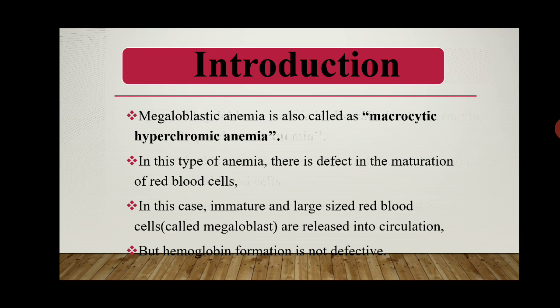So that is called megaloblastic anemia. But hemoglobin formation is not defective. There are immature and large RBCs, but they do not affect hemoglobin production and formation.